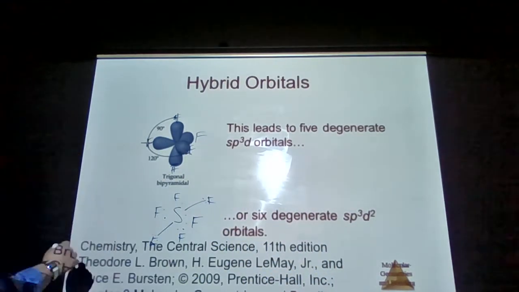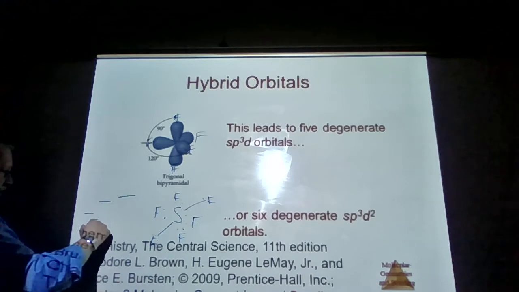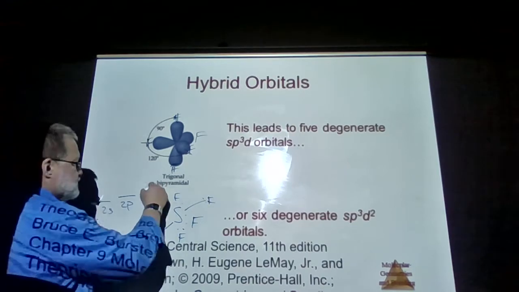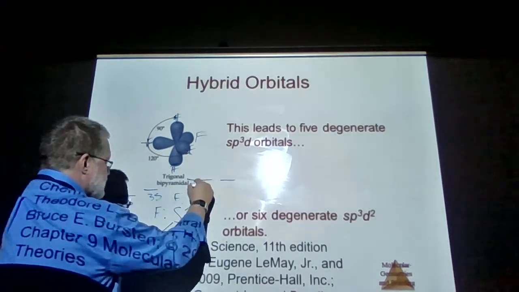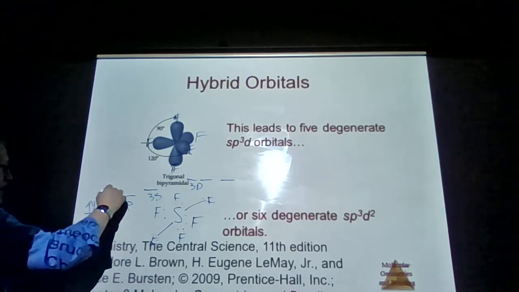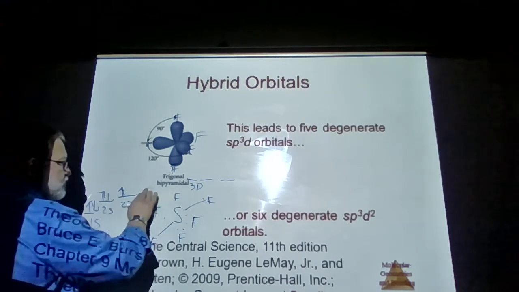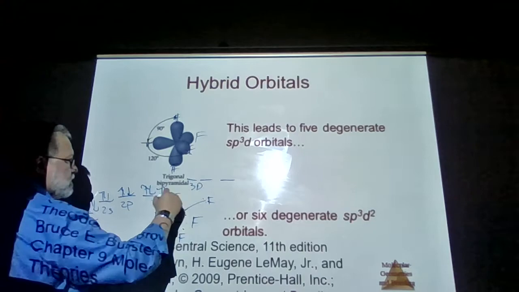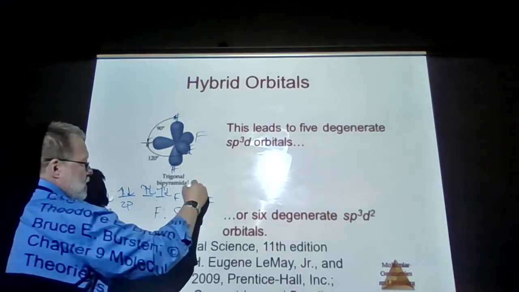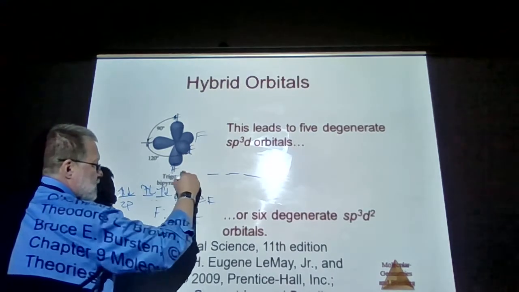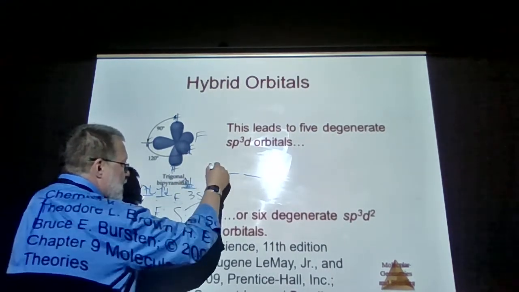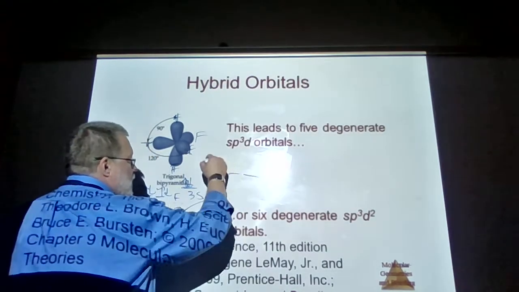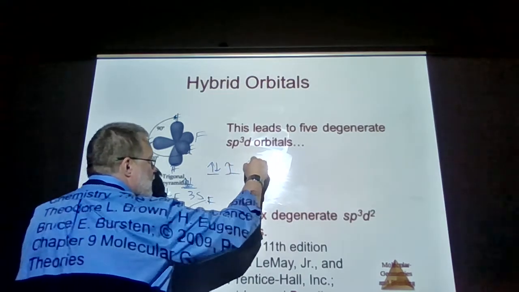Sulfur's ground state electron configuration is 1s, 2s, 2p, 3s, 3p4.